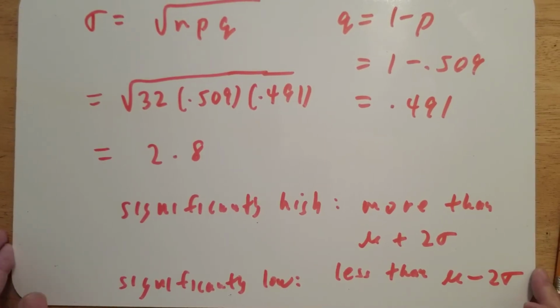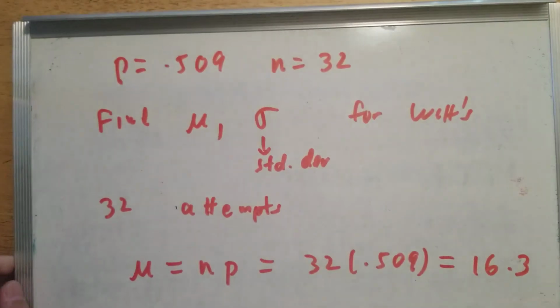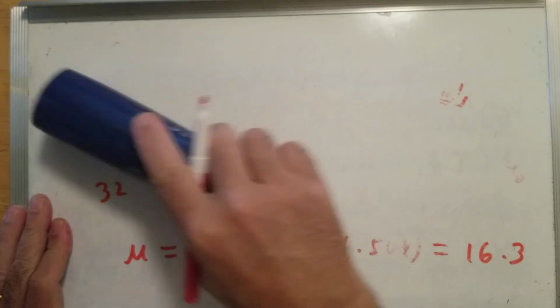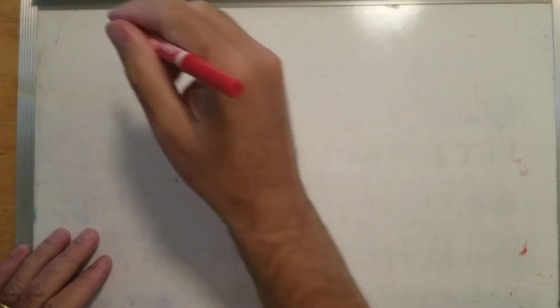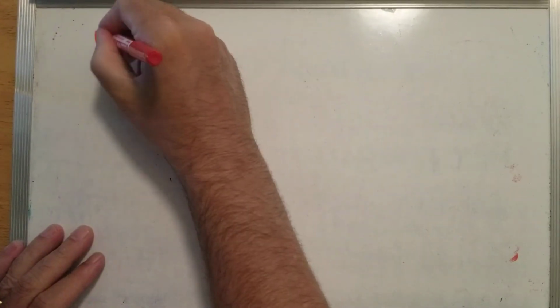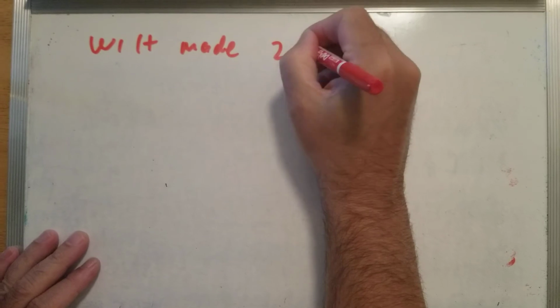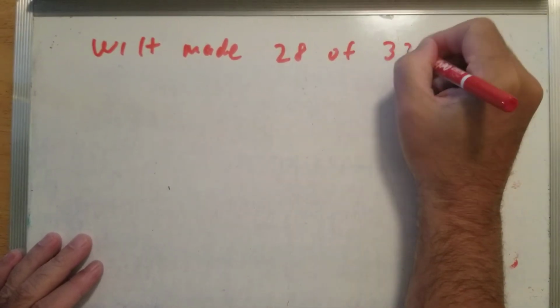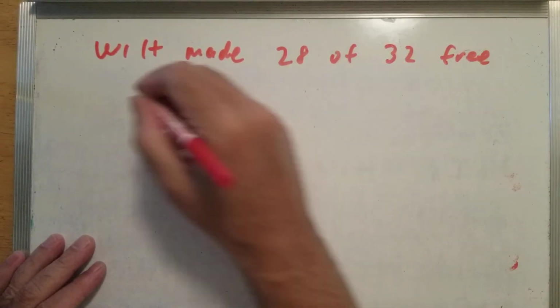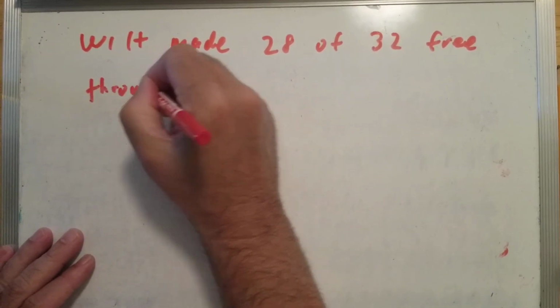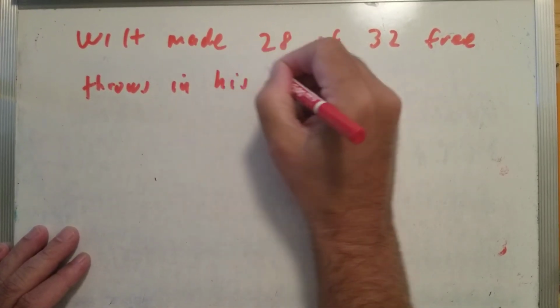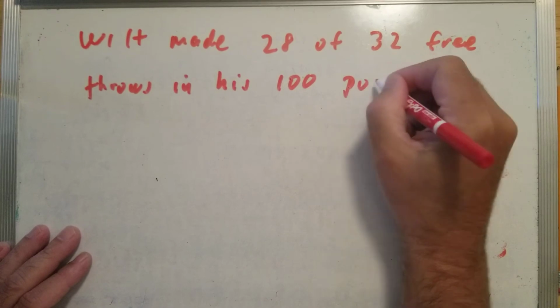Now, Wilt is famous for having scored 100 points in a game, and in that game, Wilt made 28 of 32 free throws in his famous 100-point game.